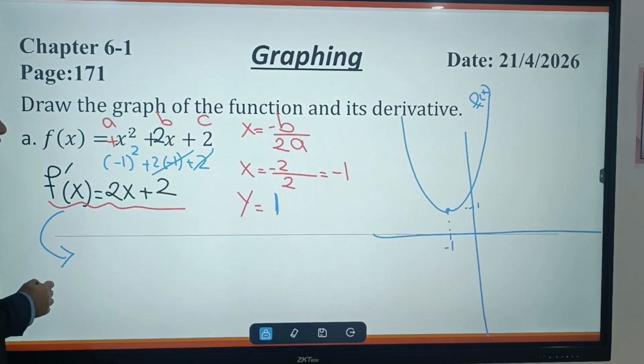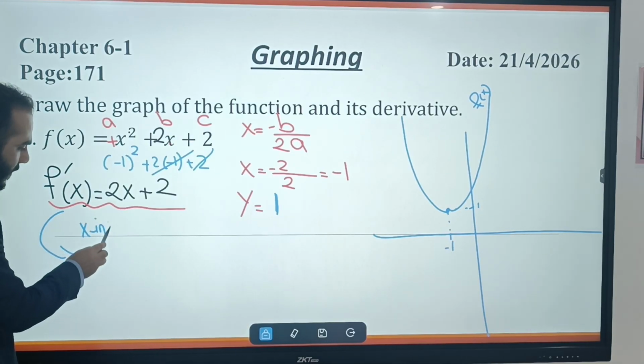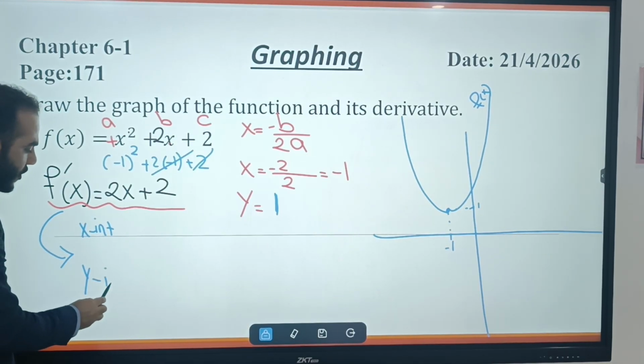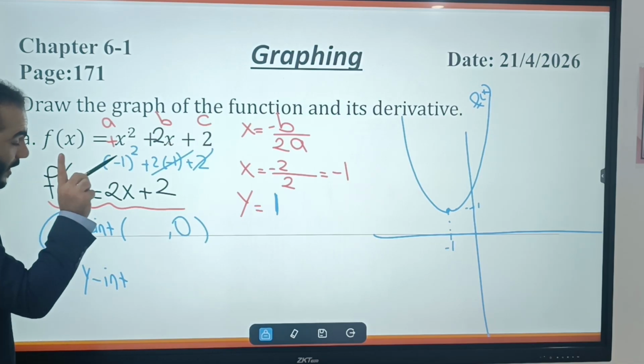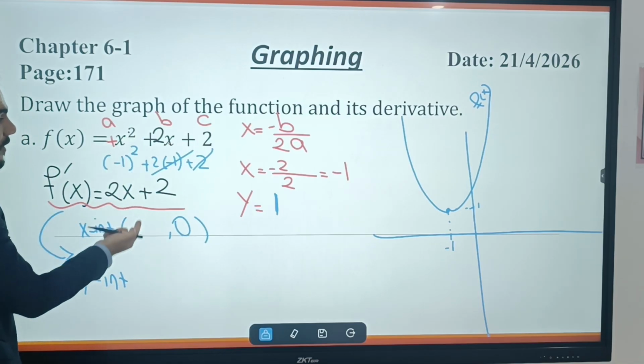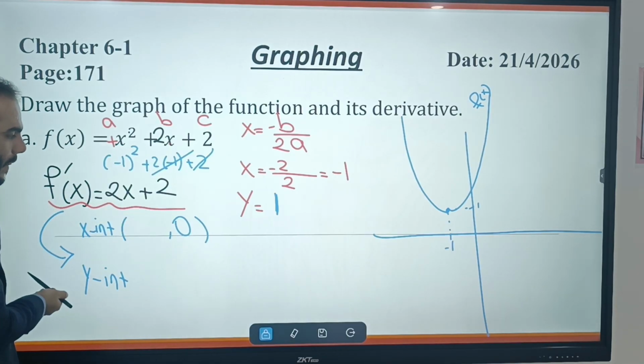In case you want to find the graph of a linear function, we need to find the x-intercept and y-intercept. In x-intercept, y is 0. Please don't mix it with the quadratic function. We are graphing this function, a linear function.